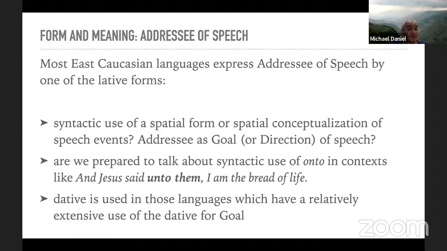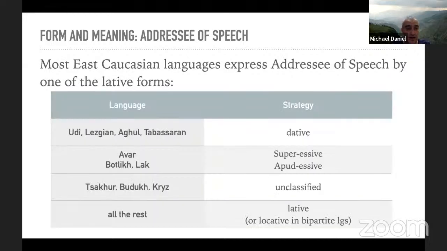Also, interestingly, dative is used in exactly those languages which have a relatively extensive use of the dative for goal. I have mentioned before that Lezgian, Agul, and Tabasaran use the dative as one of the very common expressions of goal.